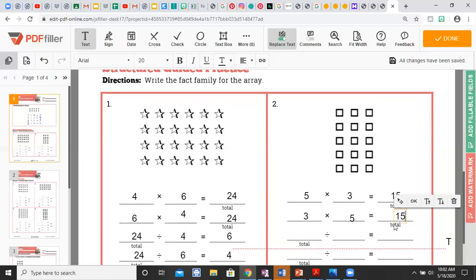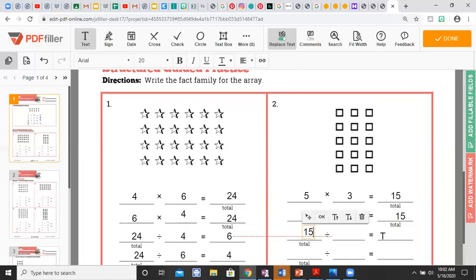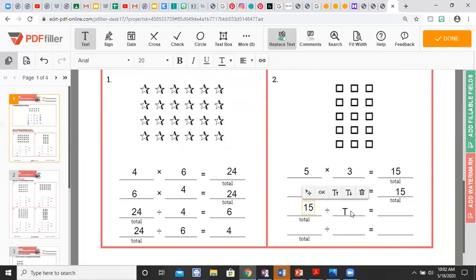Okay, so our total is 15, and we'll put our total here. So 15 divided by 3 will give us 5. And then 15 divided by 5 will give us 3.